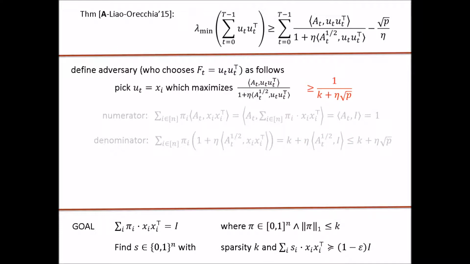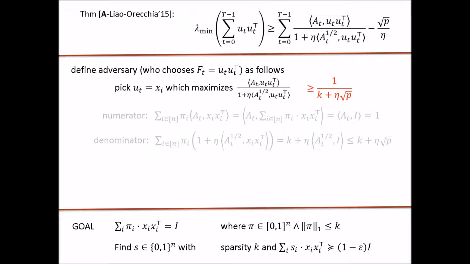But by Cauchy-Schwarz, you can get an upper bound to that, which is the square root of the dimension. So using weighted average, we get an upper bound to the denominator. But now by just averaging, we know that there exists some vector i so that this quantity should be at least 1 over k plus eta times root d.